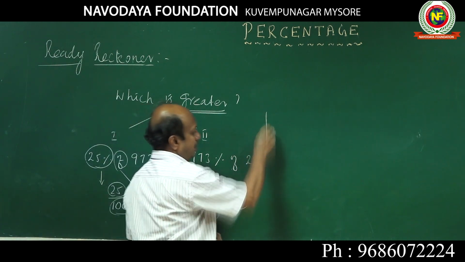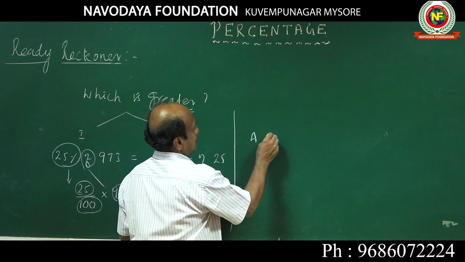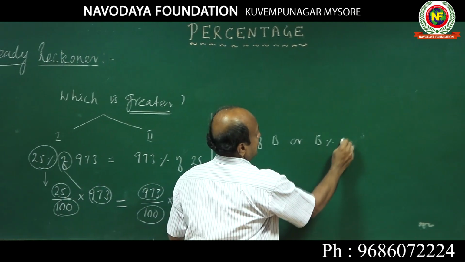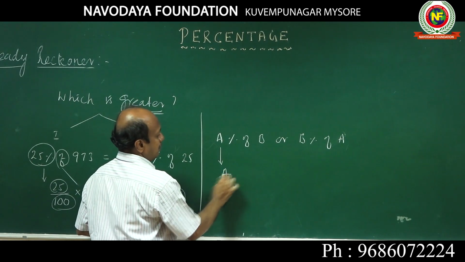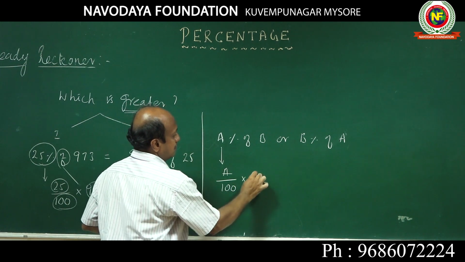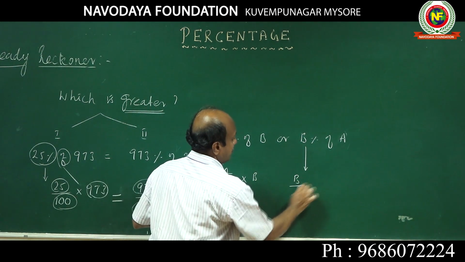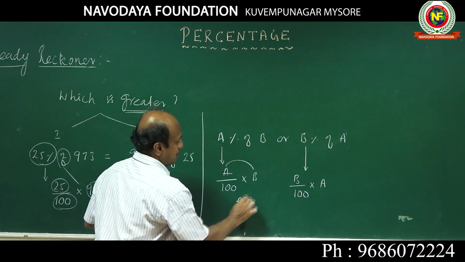The questions will be coined to confuse you. A percentage of B, or B percentage of A. Right, let us see this. A percentage is nothing but A by 100 into B. Here B percentage is nothing but B by 100 into A. What you are going to get here?